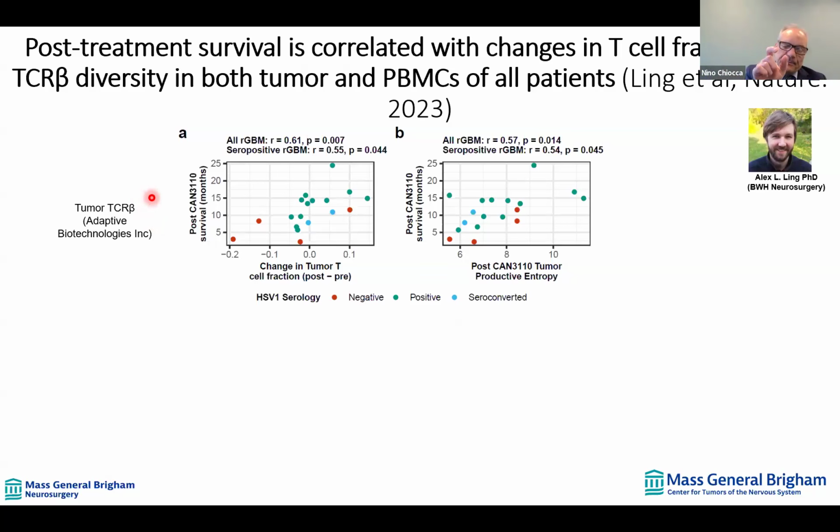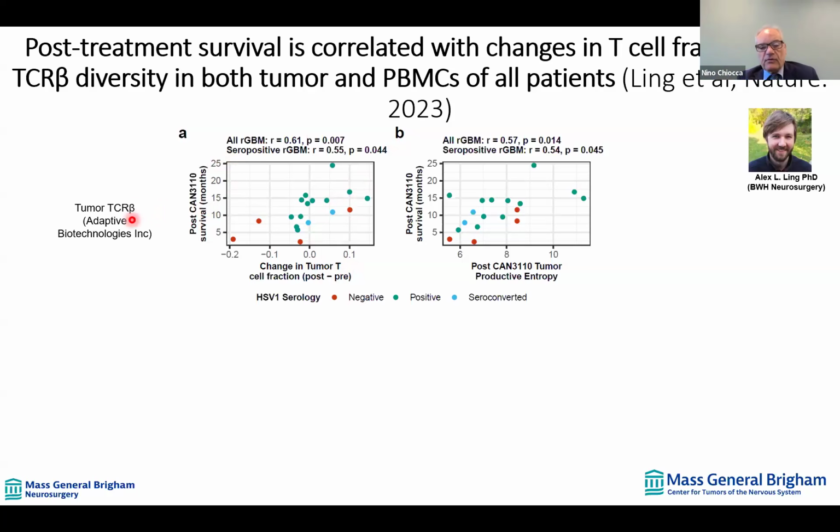That's its signature, that's its zip code. A particular group of T cell receptors will basically say that this is a T cell clone. We wanted to see what was the change in these T cell clones that have this particular zip code, and does that correlate with survivorship? Similar to what I showed you before, if we see a change in these tumor T cell clones in these tumors, the bigger the change, the better the survivorship, and this was significant.